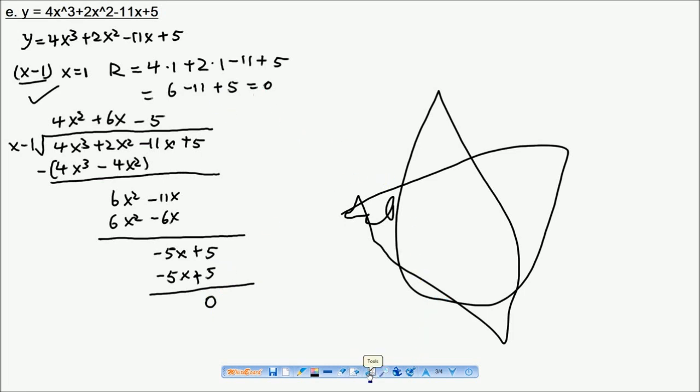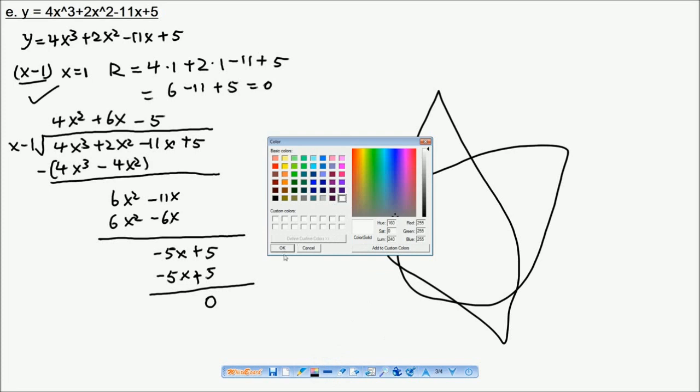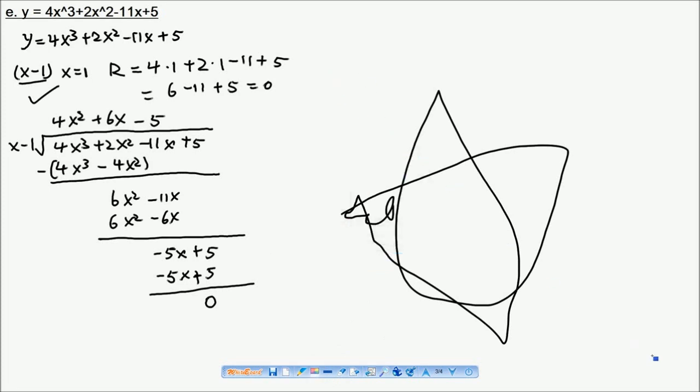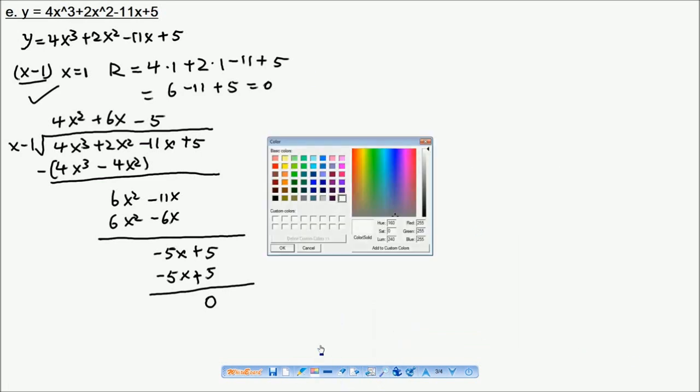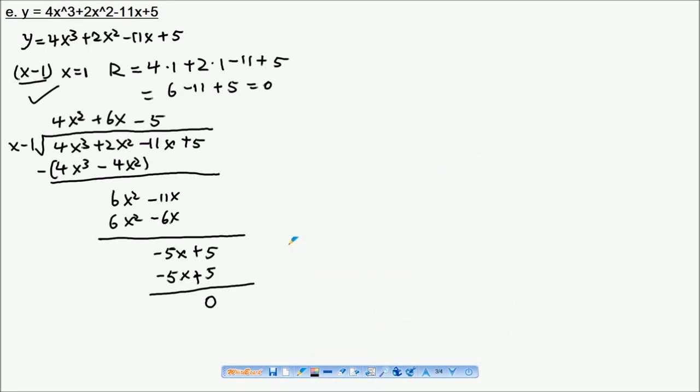Yep, here the remainder is 0. Now we know the factor of the cubic equation, which is bracket x minus 1 times 4x squared plus 6x minus 5.